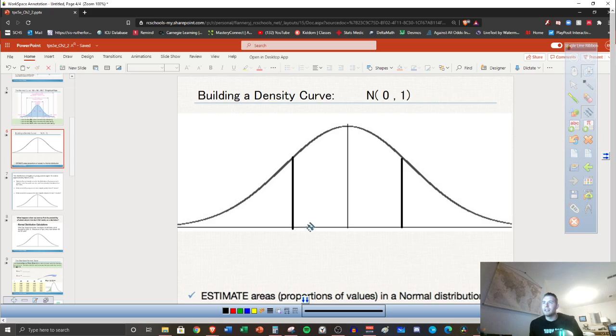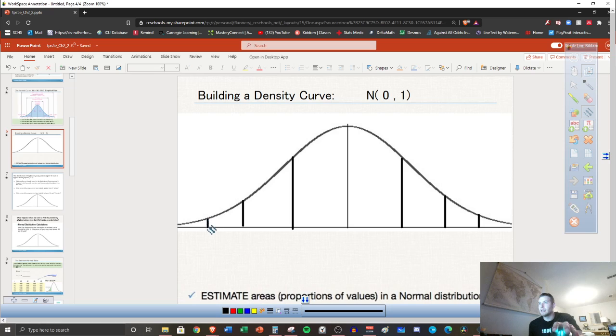There's another here. By the way, these don't have to be precise. If you're working a question, you can make the easiest, simple sketch that you want. You don't have to overcomplicate this.